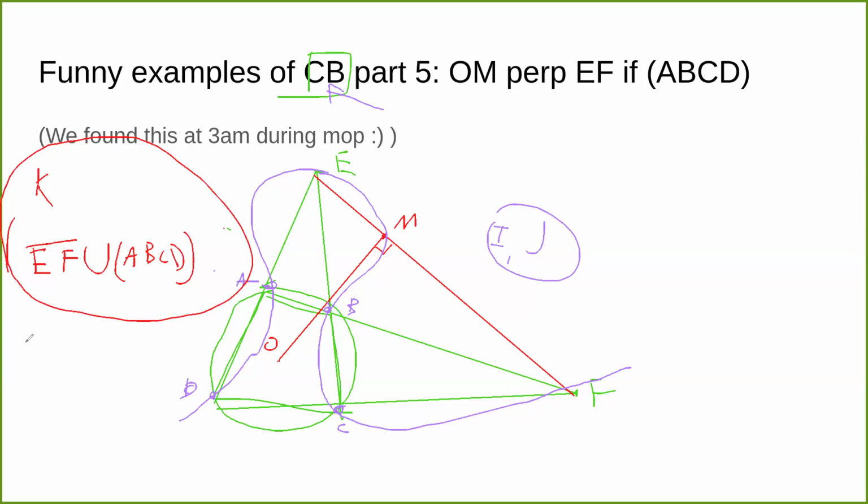Well, you have A, B, C, D, E, F, M, I, and J, right? Because it's a circle.